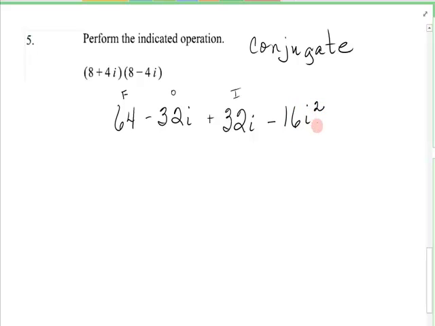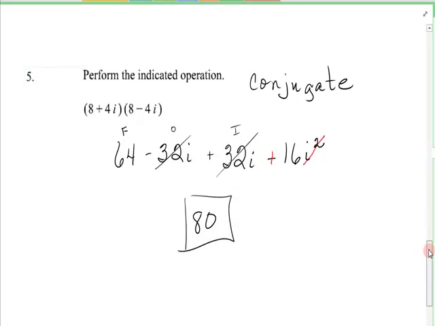Okay, i squared, gone, replaced with a factor of negative 1, which causes a sign change. I have 64 plus 16 gives me 80. I have positive 32i and negative 32i, and those cancel, and I get 80.